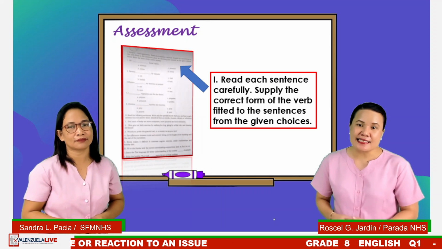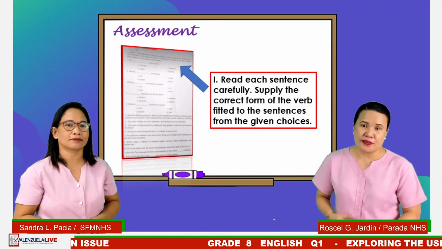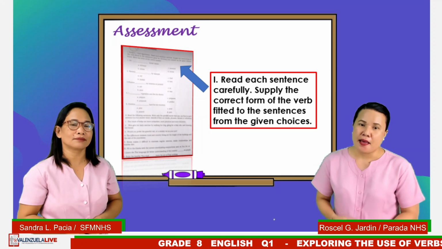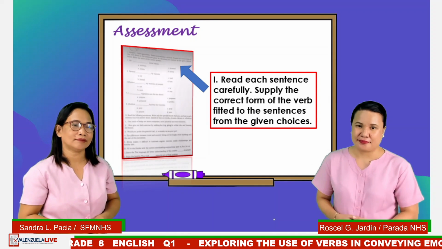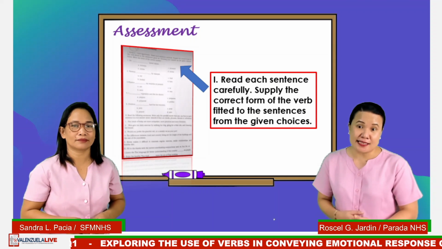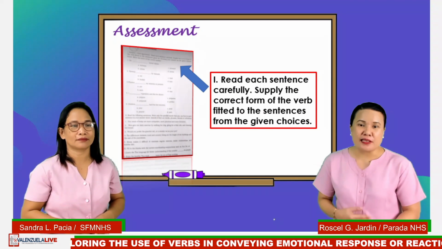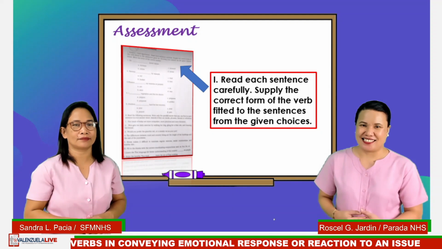Read each sentence carefully. Supply the correct form of the verb fitted to the sentences given by choosing your answer from the given choices. For part 2, you need to read the given sentences. Write only the parallel word that you can find in your answer sheet.